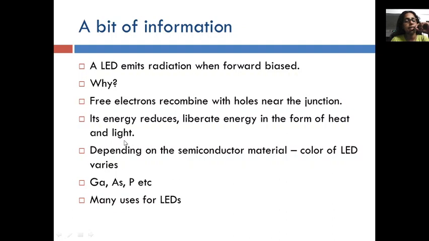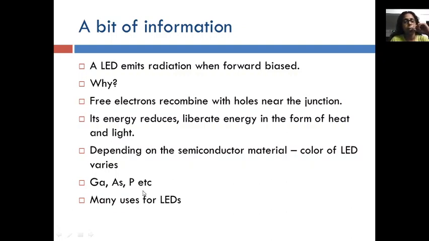Remember, the wavelength of the light emitted depends on the nature of the semiconductor material of the LED or the diode. There are various semiconducting materials like gallium, arsenide, phosphorus, etc. Each of these elements has its own peculiar band gap, and it will emit a particular color or particular wavelength of radiation.